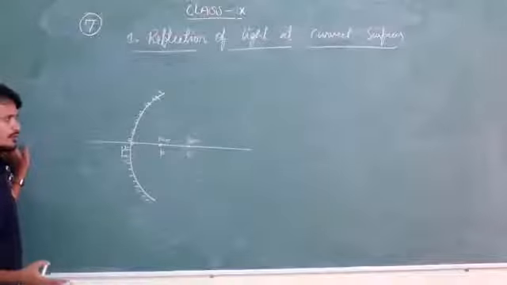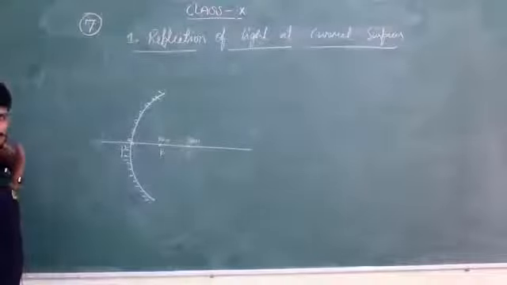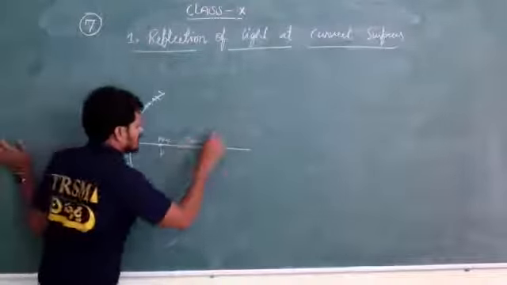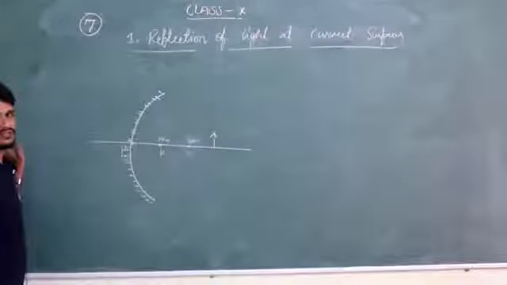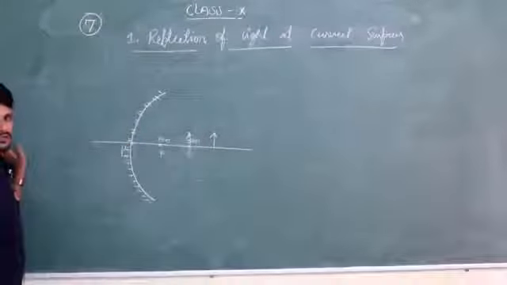So where will you place the object to show the six types of images? Infinity, you can place anywhere, no problem. Beyond C, I place it at 35 centimeters, and the image forms between F and C. At 30 centimeters, that is the center of curvature.